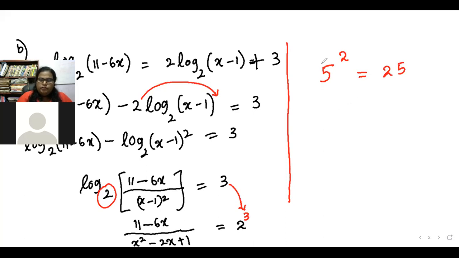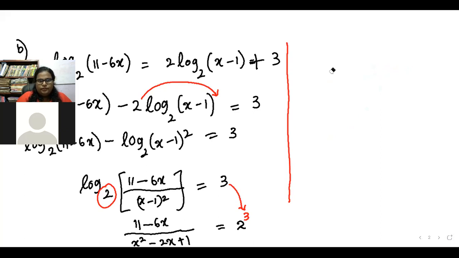Right? So if you want to convert this into a log function, we have to write it like this: log here. In this one, we have to write this base here, right? I will use a different color and write this one.